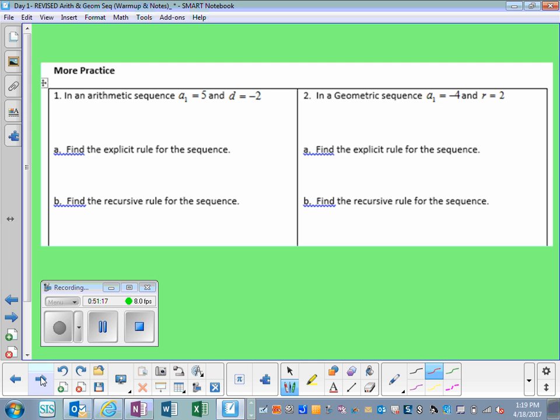So let's read, even if you're not writing. In an arithmetic sequence, A1 equals 5 and d equals negative 2. Find the explicit rule and find the recursive rule. Recursive means based on the previous term. So for the recursive rule, all I write is An equals An minus 1 minus 2.